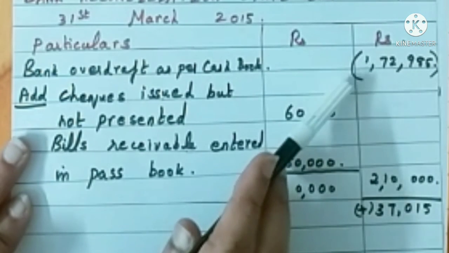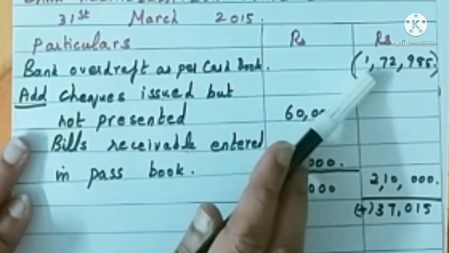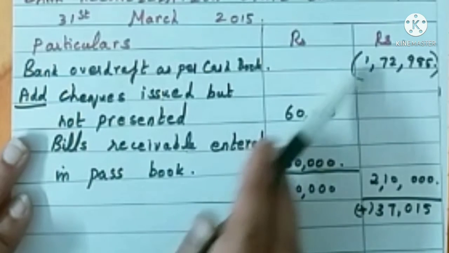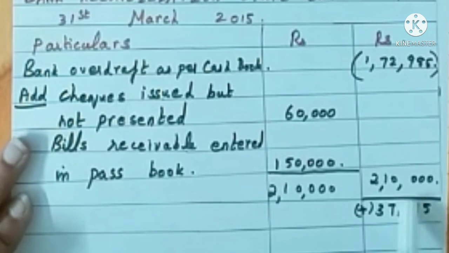That is minus into plus is minus. But you have to put the greater number sign. So which is a greater number? 2,10,000 is a greater number. The sign is addition. So you are putting addition sign, 37,015.